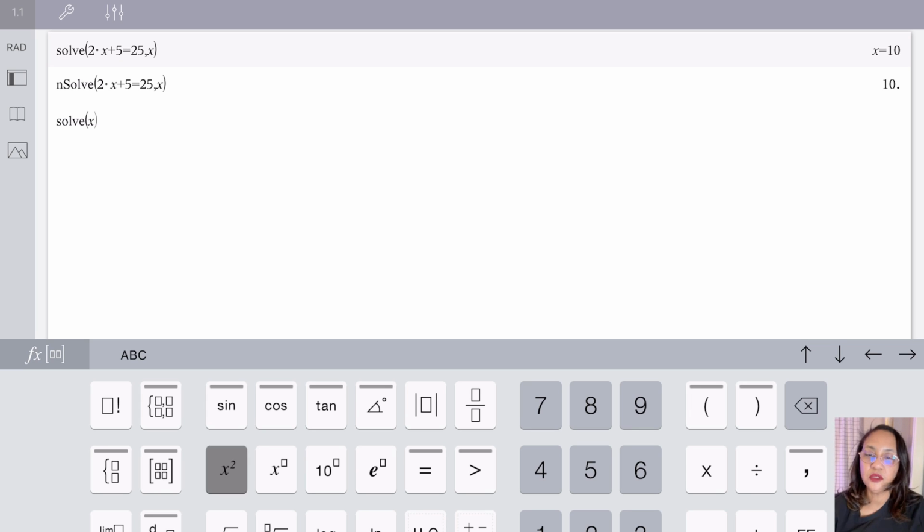We can also solve quadratic functions. So let's try x squared plus 16 equals 0. Don't forget to reference x, and you see that that's false.